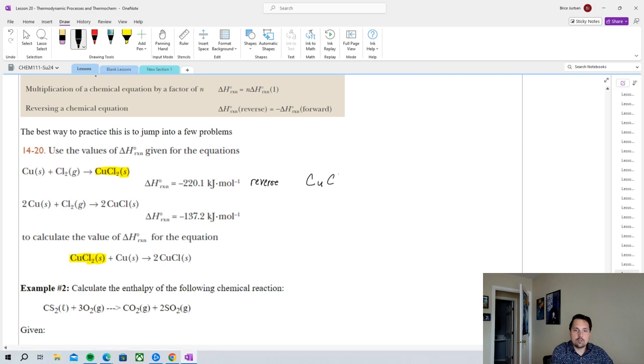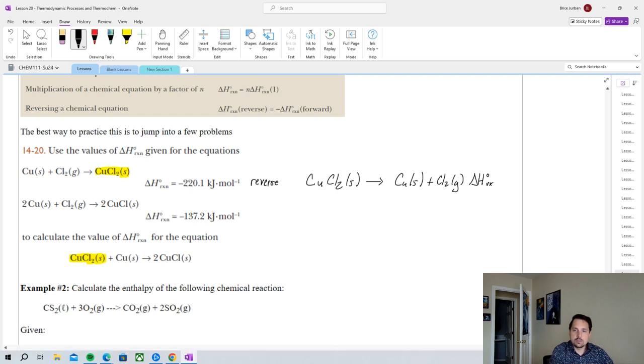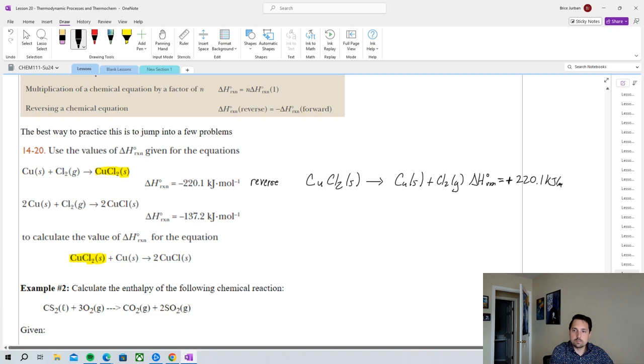So when you decompose copper 2 chloride into copper and chlorine, the delta H value for this is going to be equal to positive 220.1 kilojoules per mole.